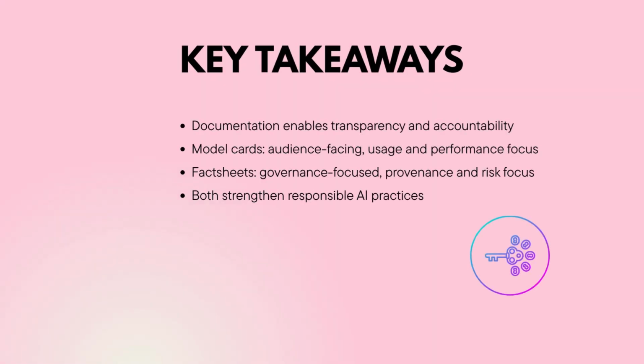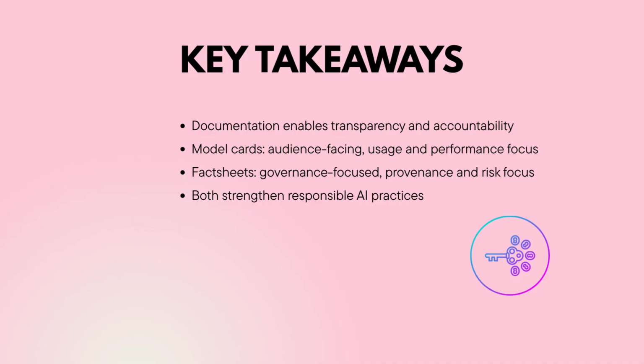So, to summarize, documentation is essential for transparency, accountability, and trust in AI systems. Model cards provide user-facing details such as intended use, limitations, and performance across groups. Fact sheets, on the other hand, focus on organizational governance, highlighting provenance, test suites, and risk tier classification.